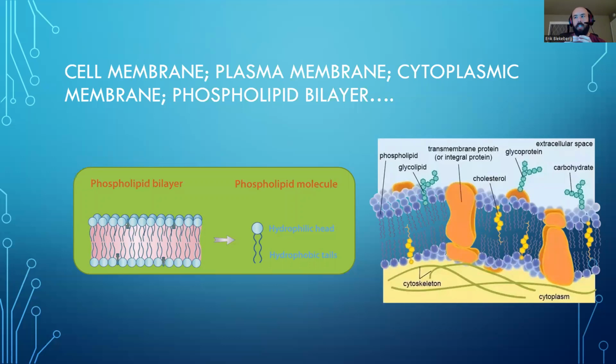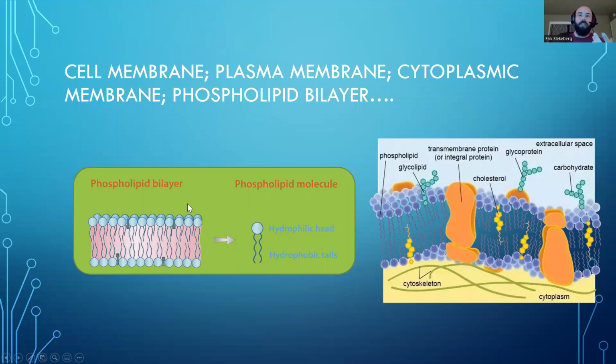The phospholipid bilayer is a key thing that's in all cell membranes. It's going to be a phosphate head with a lipid tail. And we can see that here. We have the hydrophilic head, that means water-loving, and the hydrophobic, or water-fearing, tail. So the lipids are on the tail and the phosphate is on the head.